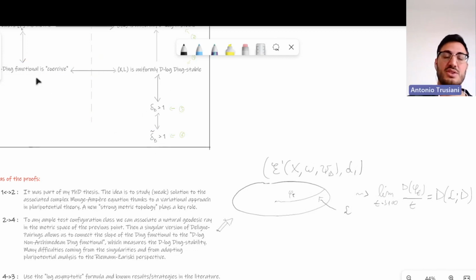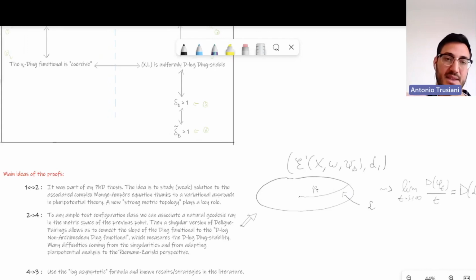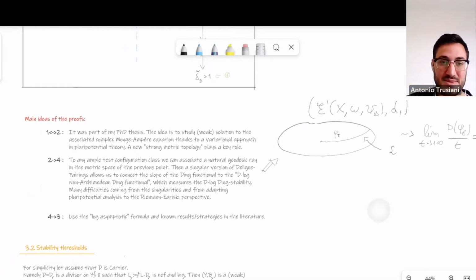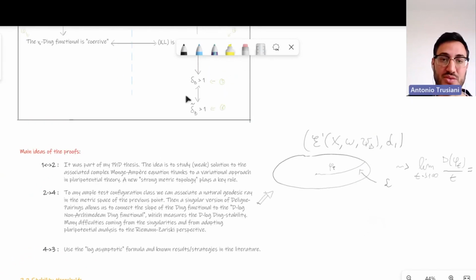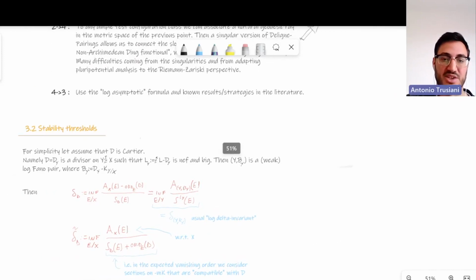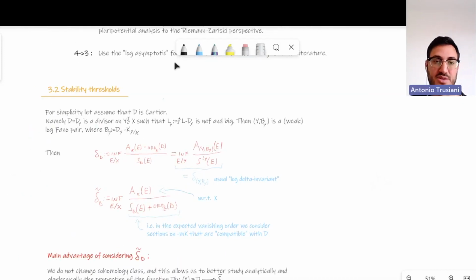For this implication, I rely on some recent result of Darvas-Zhang when I adapted the strategy. But again, with prescribed singularities, there are many difficulties that I didn't expect in the beginning. Okay, so to conclude the talk, let me just say two words about these new invariants that enter into the game, that are easy to understand and that are more manageable than the K-stability notion.